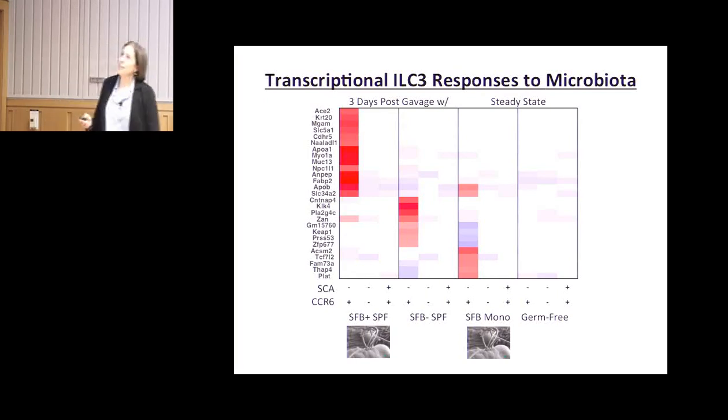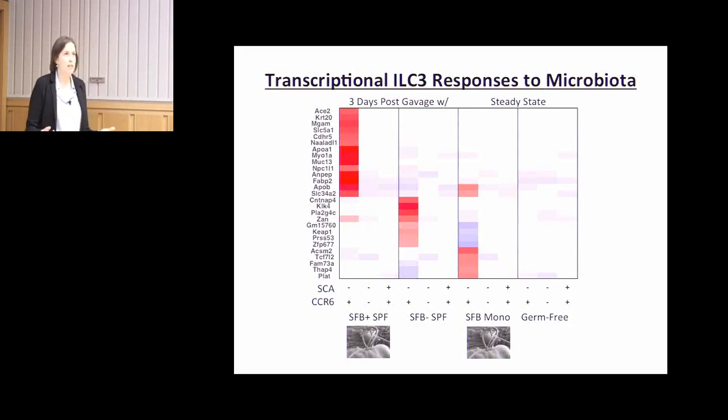On the basis of other experiments, we decided to separate the ILC3s on the basis of surface markers. And we see that the SCA positive and the SCA negative CCR6 positive ILC3s have specific gene expression patterns in response to these different perturbations.